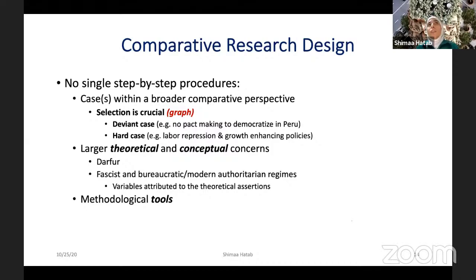So for example, if you have a theory, and you will study this in the week on democratization and democratic transition, telling you that the crucial, main explanatory variable in democratic transition is the division in the ruling elites between hardliners and softliners. Hardliners didn't need to introduce any sort of political reforms, and softliners did need to introduce these political reforms.